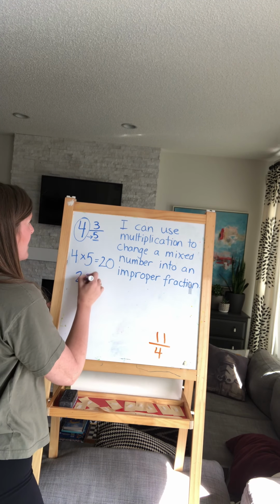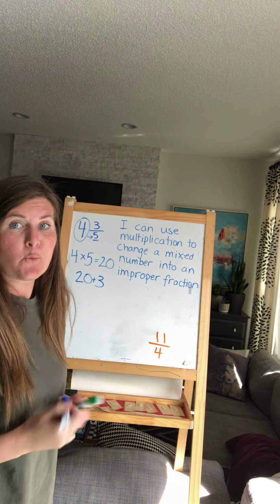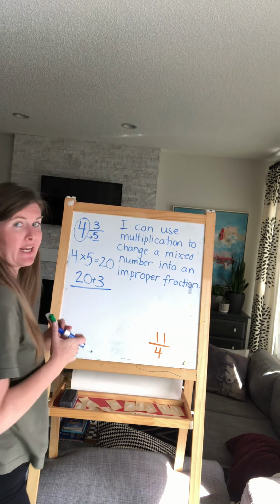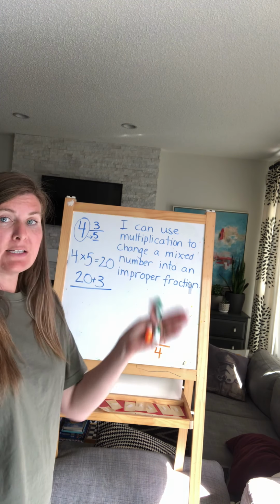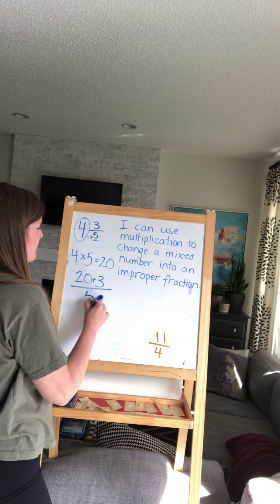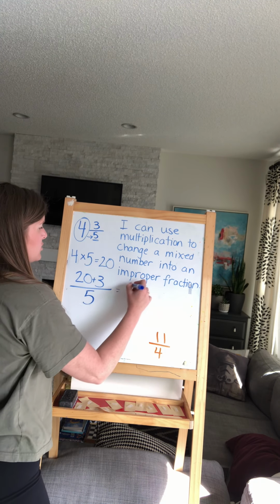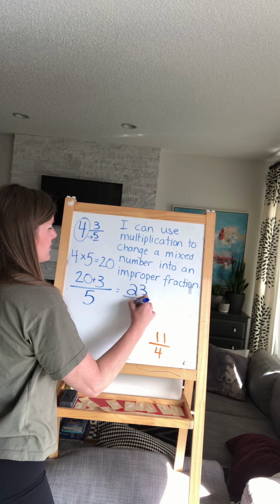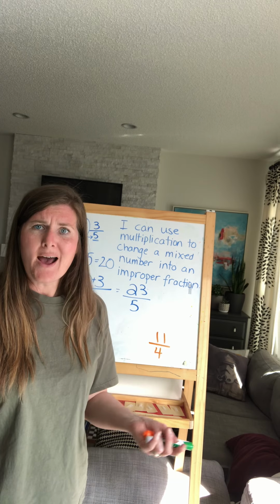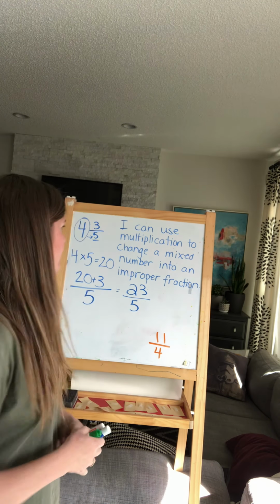So I know that I have 20 and an incomplete group. 20 and 3 more over top of the denominator, which is how many pieces my whole has been cut into. So I have 20 and 3, and it takes 5 to make a whole. So I have 23 over 5. See how much faster that is? Wow, I'm going to try using that strategy on the work today.